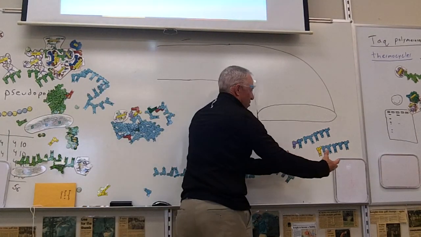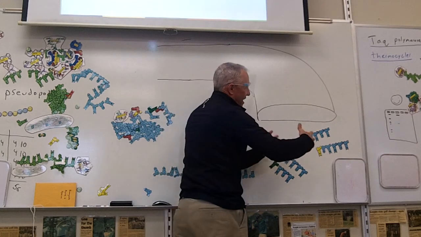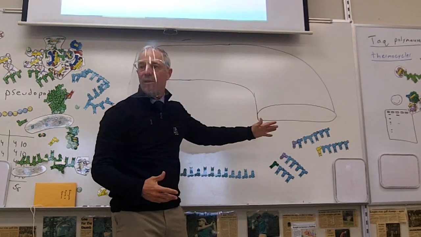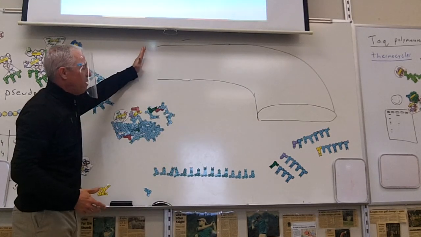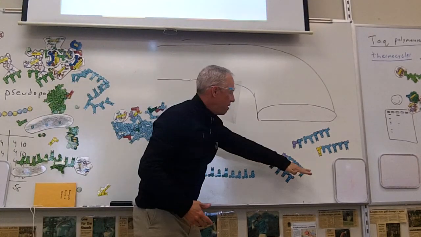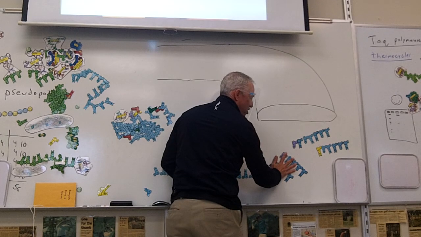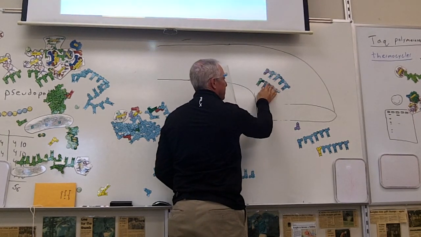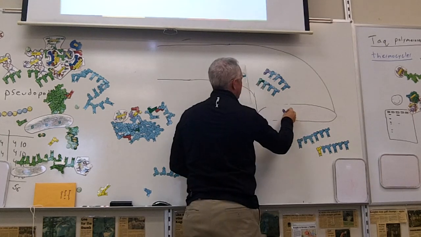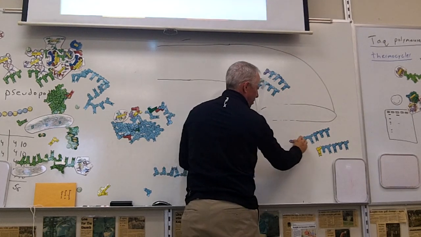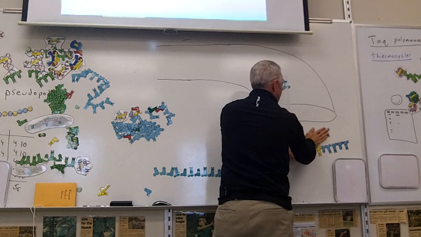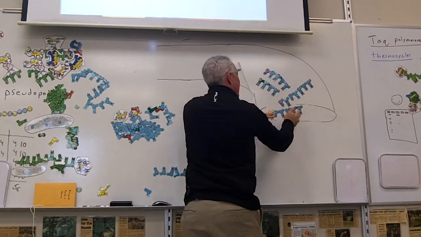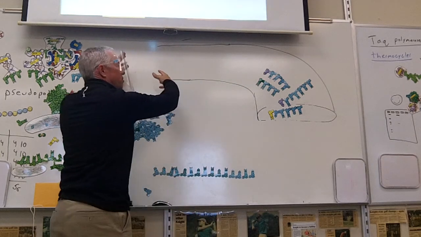And I like to say you suction these up, but what's actually happening is you're applying an electric current. You have a positive charge over here and a negative charge over here. And that'll push these pieces up into the pipette, you see. Now the pieces will separate themselves through the agar.